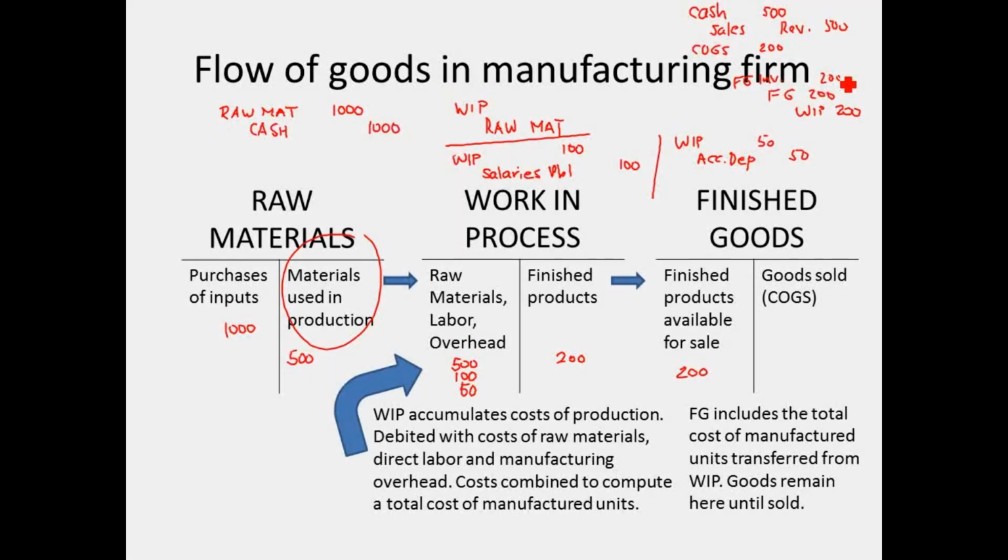So what's happening is finally when I make the sale in that same period is when I record the cost. This cost of goods sold has a little of everything. It has raw materials, it has labor, it has depreciation, it has other overhead. It's all bundled in there.